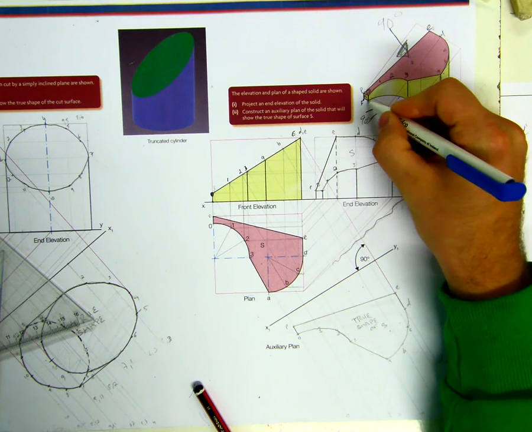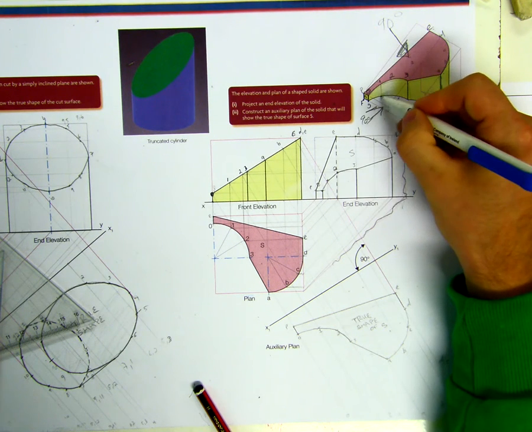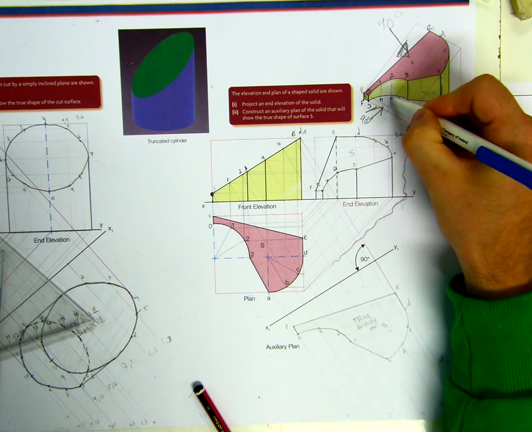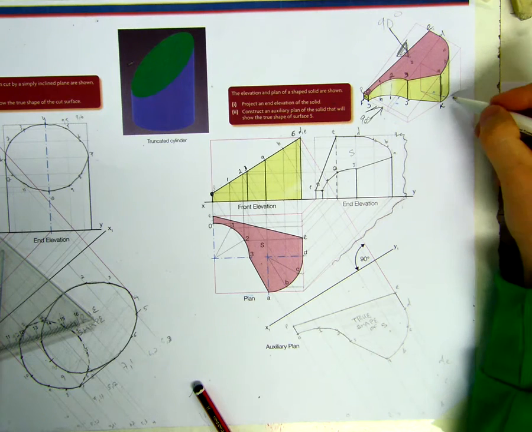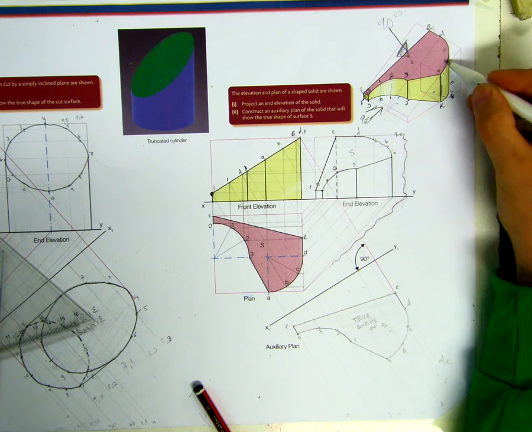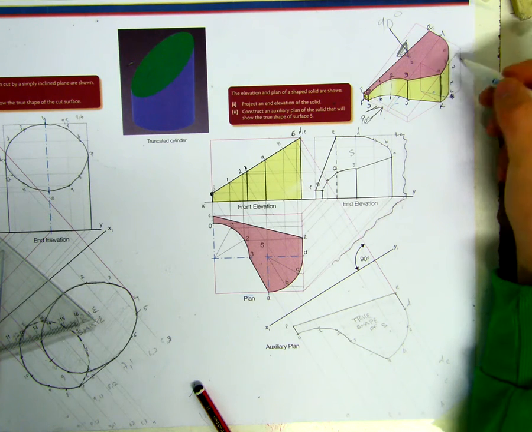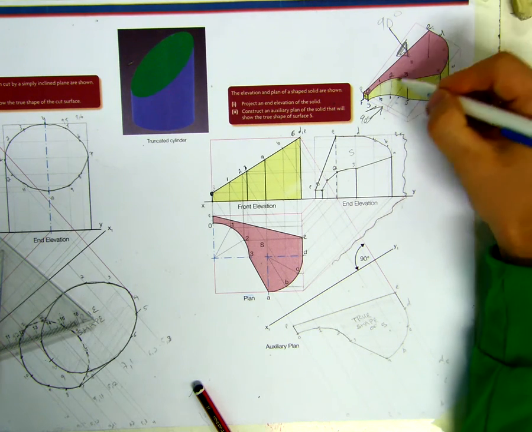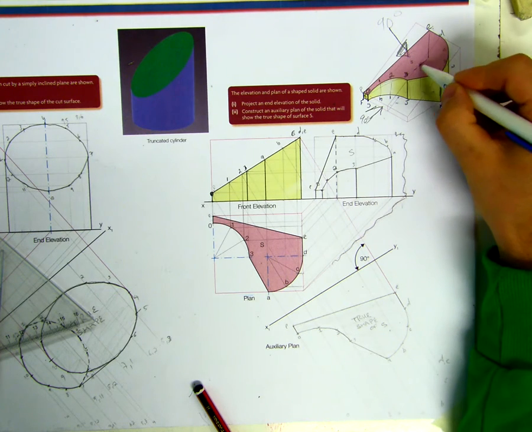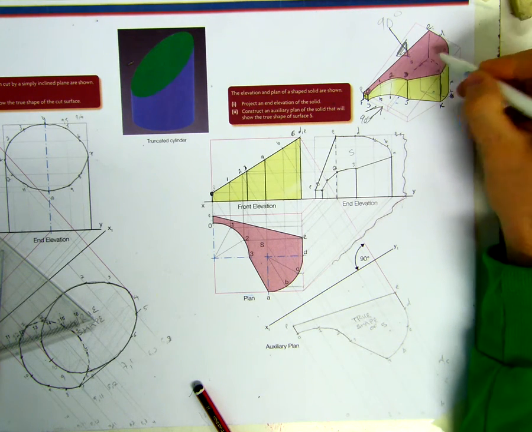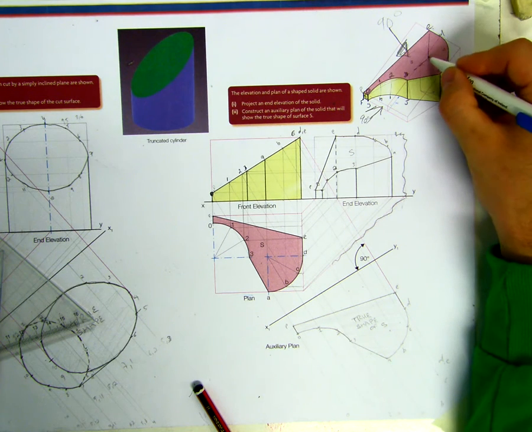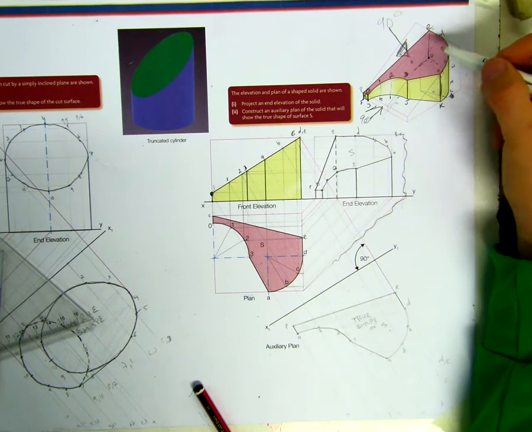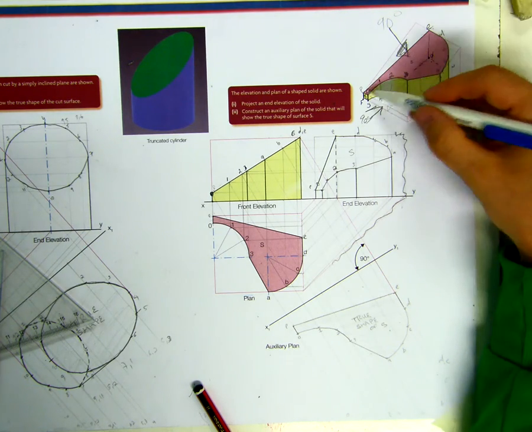point F, G, H, I, J, K, L, M, N, and then at the back corner in here, we can call that O. We'll just put a line through it because we have O already.